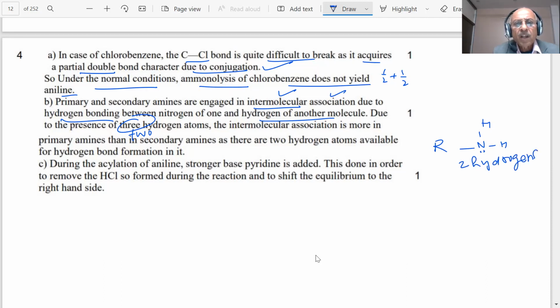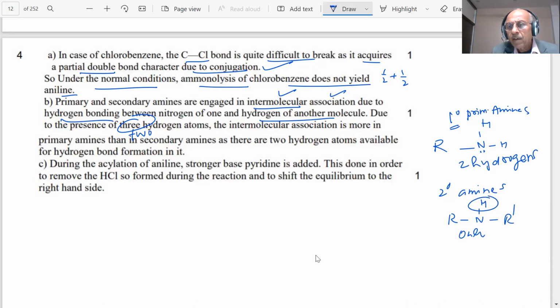So if I have this, there are 2 hydrogens in 1 degree amine. This is my primary amine, students. And in 2 degree amines, we have already shown, you have R, N, H, R dash. So how many hydrogens?